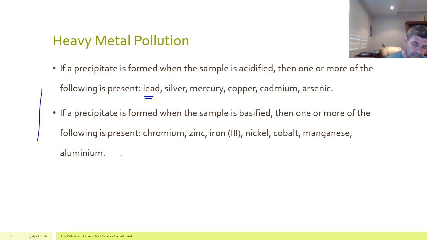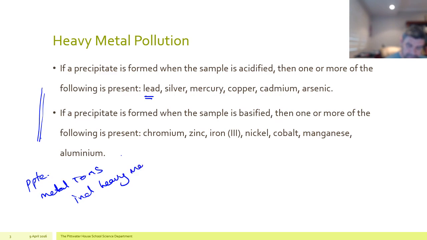So this technique is quite a useful one for forming precipitates of a range of metal ions, including a number of the heavy metals. Not all the ones listed here obviously are heavy metals, but it is a technique that can be used to precipitate a number of different samples.